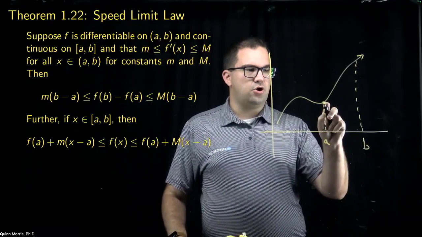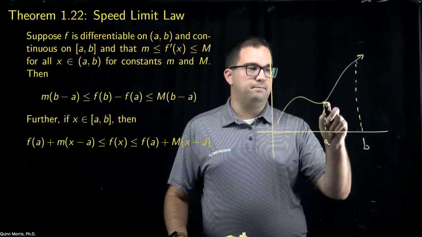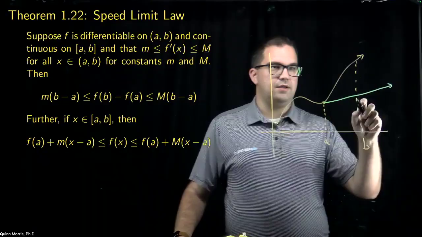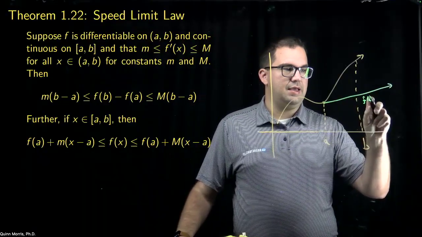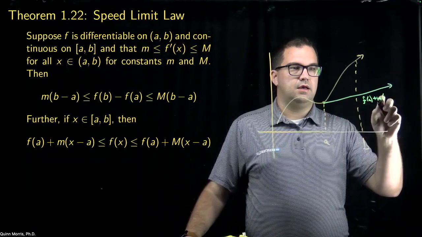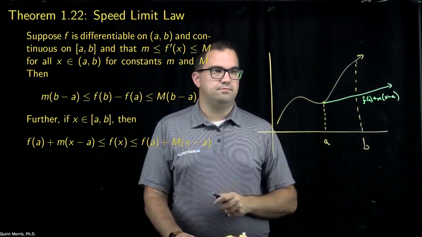It basically says, well, start here and draw the line that goes through this point with slope little m. Okay. So this line would actually be f of a plus little m times x minus a.